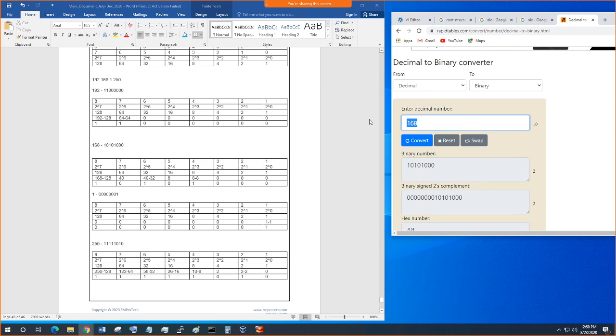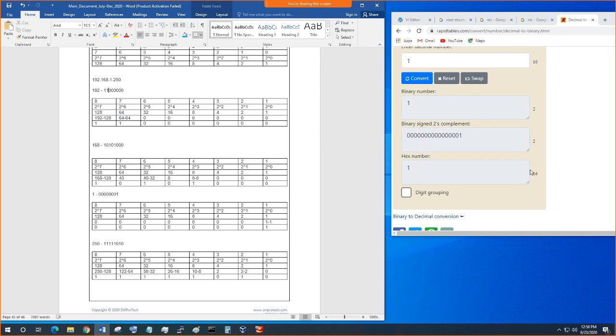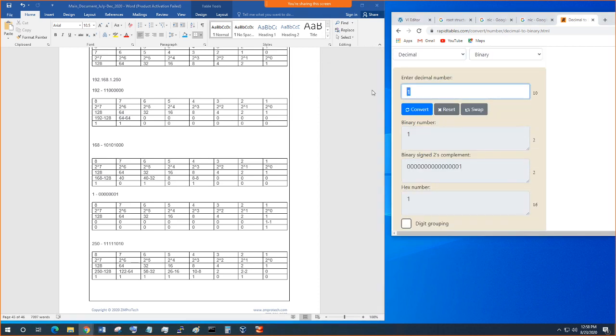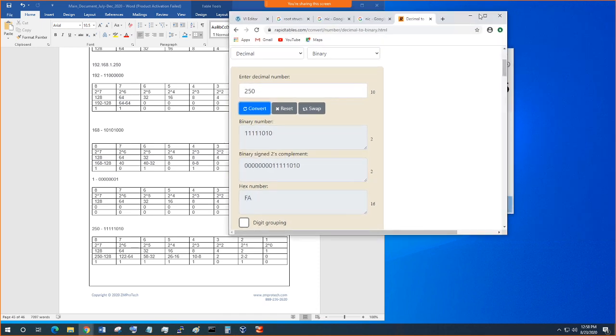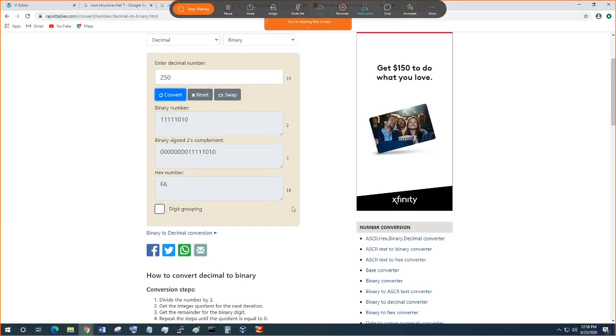And 1, convert. The binary number is what it's supposed to be. And 250 is also calculated accurately. Don't stress too much about this, but you should know when these numbers are being used here.